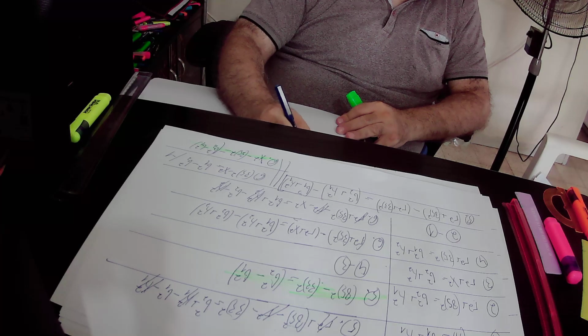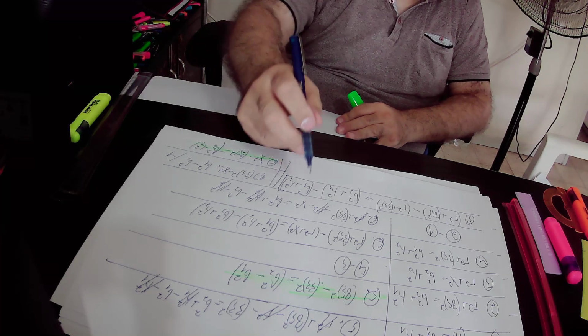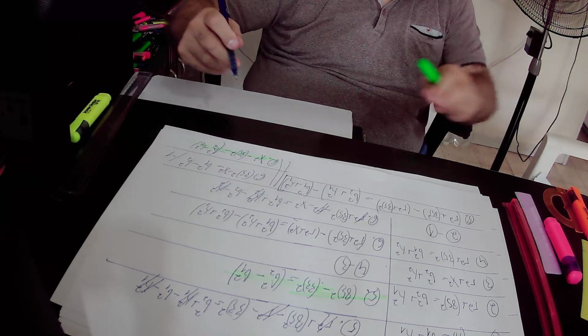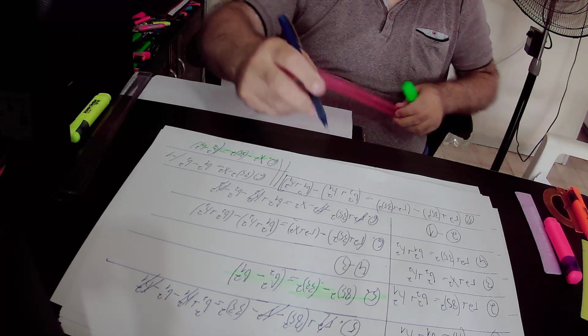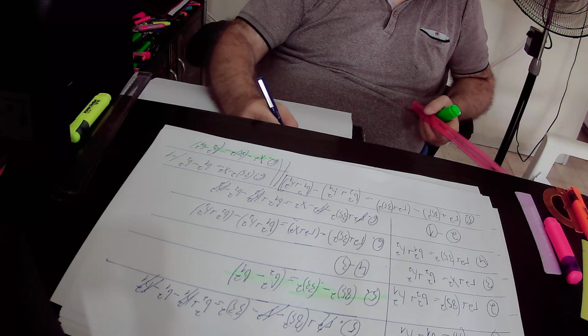So b2 square minus b1 square according to equation number 5 equals 85 square minus 33 square.